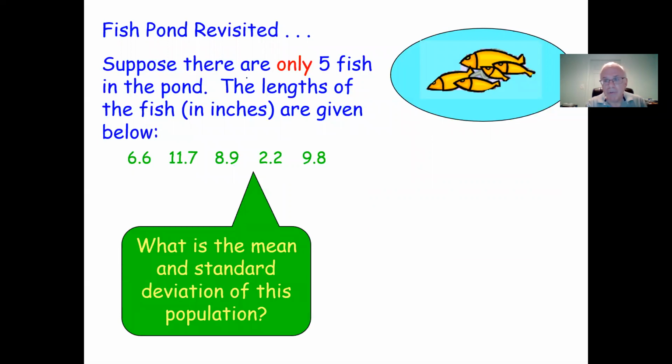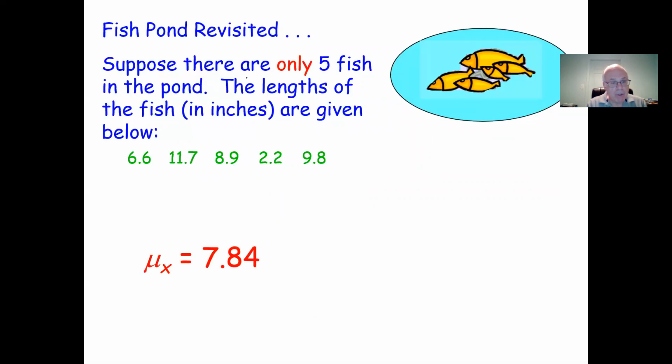Now, what's the mean and standard deviation of the population? Well, you know how to do this, right? You can take those 5 numbers, put them into a list in your TI-83 or 84 calculator, go to one variable statistics, and look up the mean. So the mean in this case, this is a population, we would use the symbol mu. Now, they use a little x here to show that it's for a population.